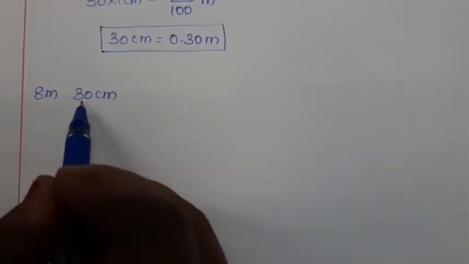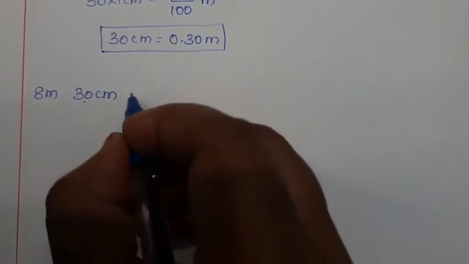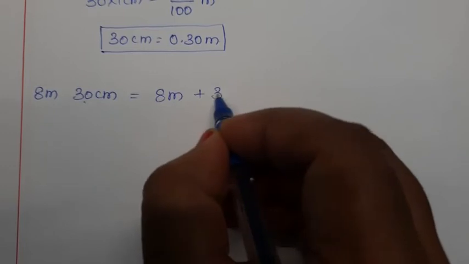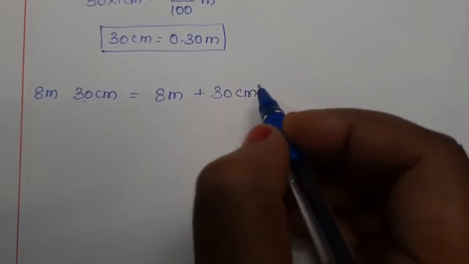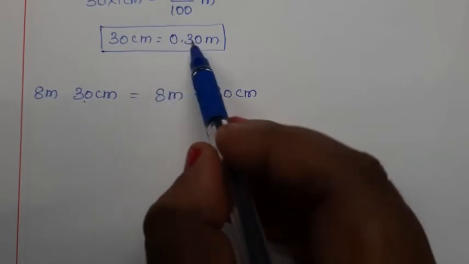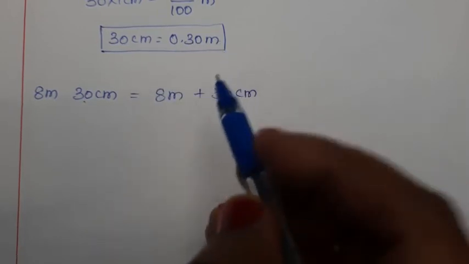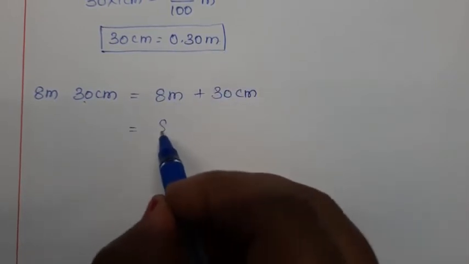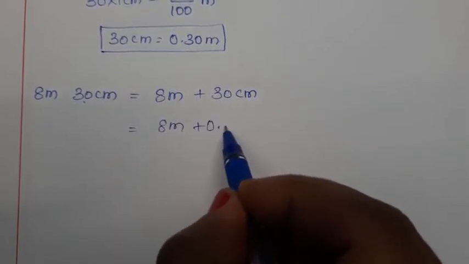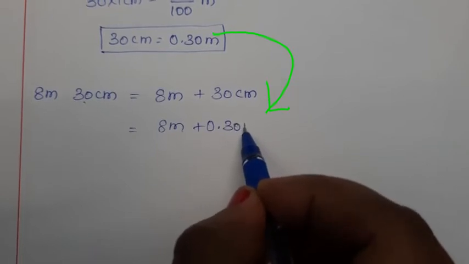Now by the question, 8 meter 30 centimeter can be written as 8 meter plus 30 centimeter. From the above, we can say that 30 centimeter is equal to 0.30 meter. We can replace this 30 centimeter by 0.30 meter.